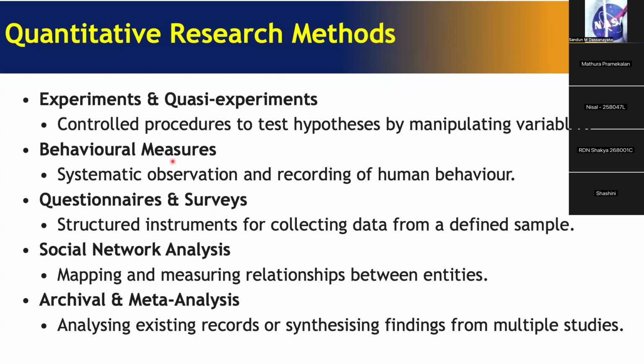And then we have social network analysis. What do you mean by social network analysis? In social network analysis, we map the relationships between entities, which means, let's say you have a connection. Think about the Mudalali, the person who is doing a grocery shop at a village.